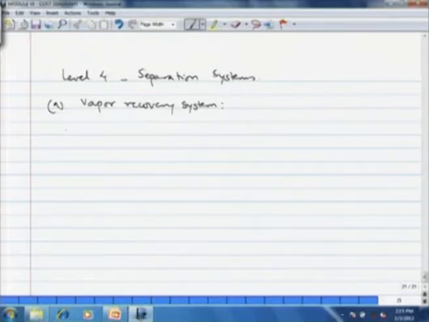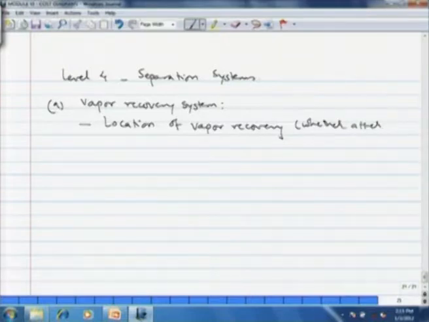Now, where to put the vapor recovery system, the location of the vapor recovery system: whether after the flash drum or in the purge stream.